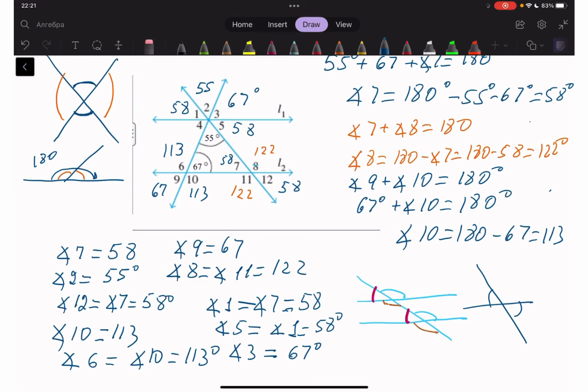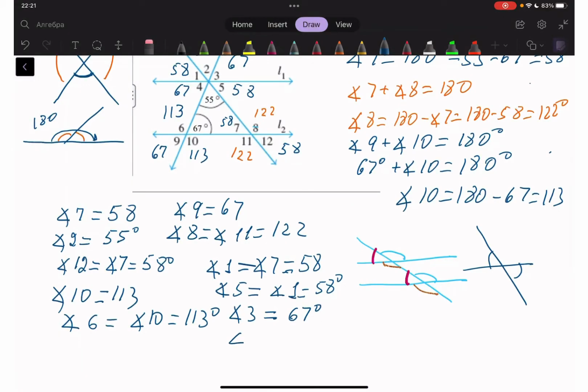And since angle 3 is 67, angle 3 is equal angle 4, right? It's creating these two lines crossing each other, right? They create the same angle. Let me clean. There we go. So angle 3 is equal to angle 4, and that is going to be 67 degrees. And we are done. Angle 4 is equal angle 3 is equal 67 degrees.